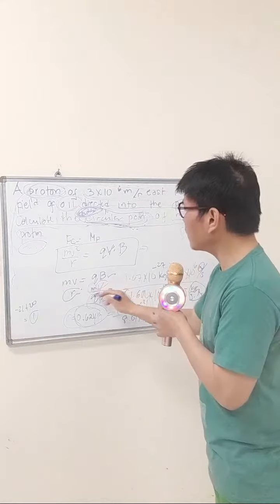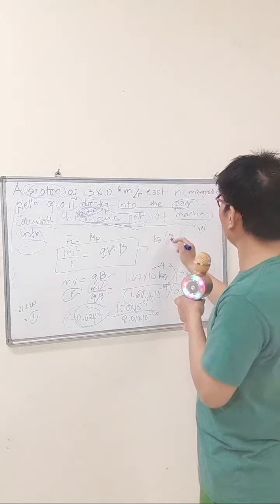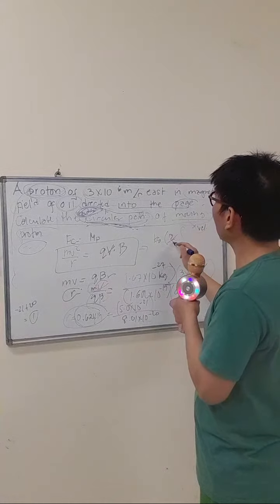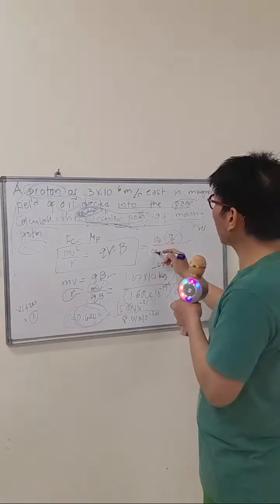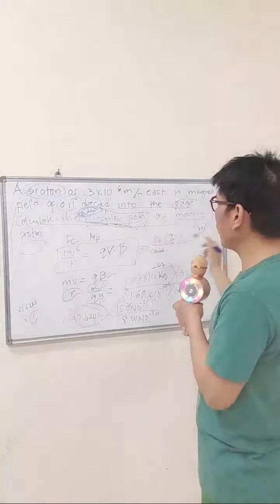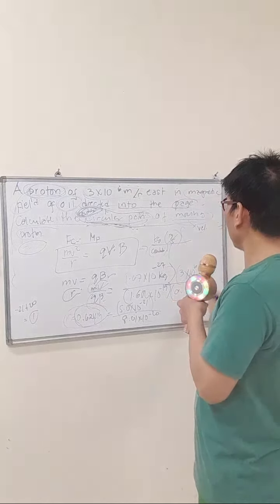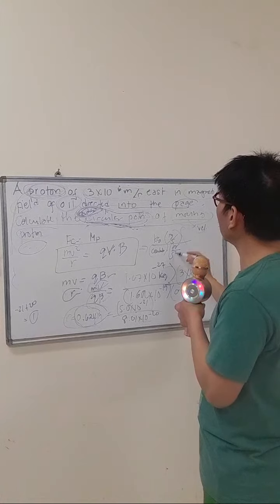So, mass, kilogram. Velocity, meter per second. The charge, coulomb. That's the breakdown. And then the magnetic field is in kilogram per coulomb second squared.